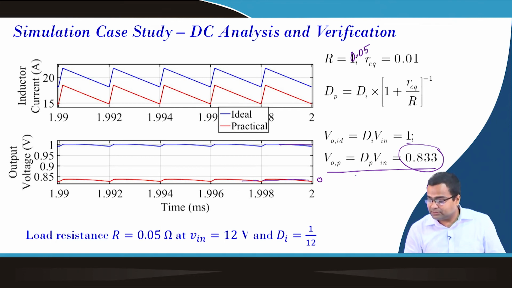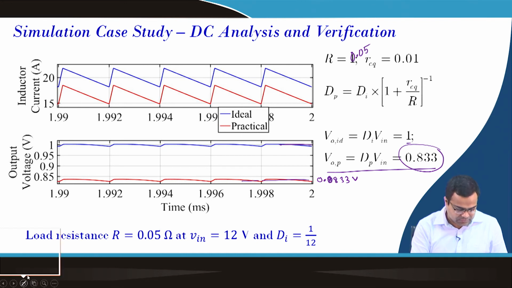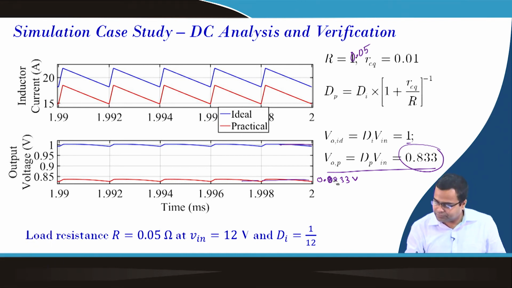That means we can reasonably predict the practical average output voltage from our DC equivalent circuit, and we have shown that it matches the simulation result.